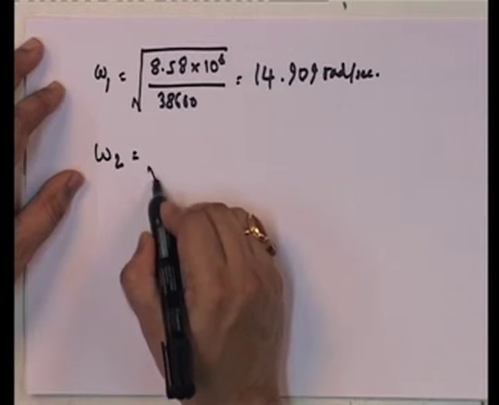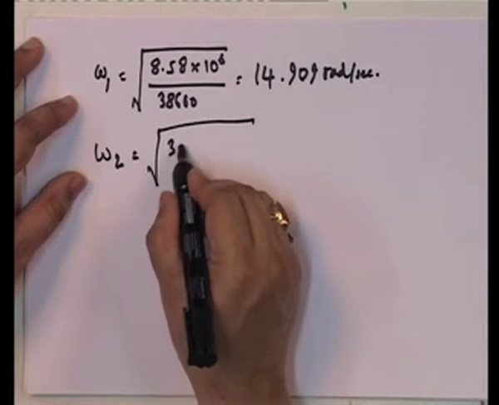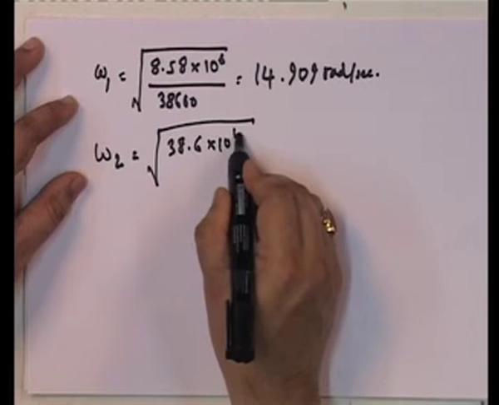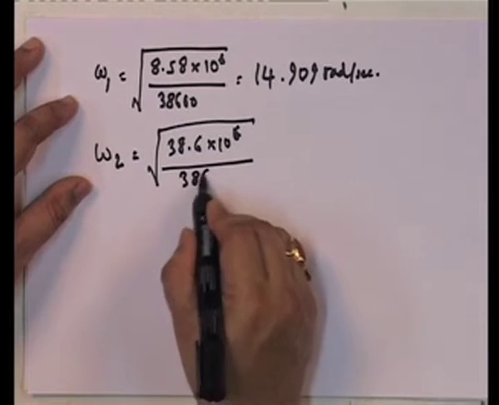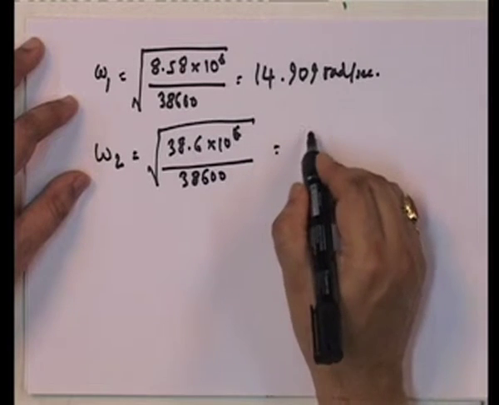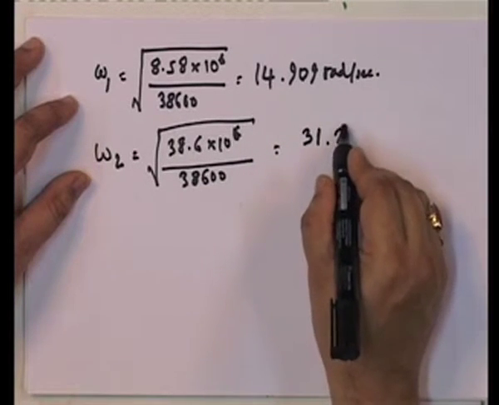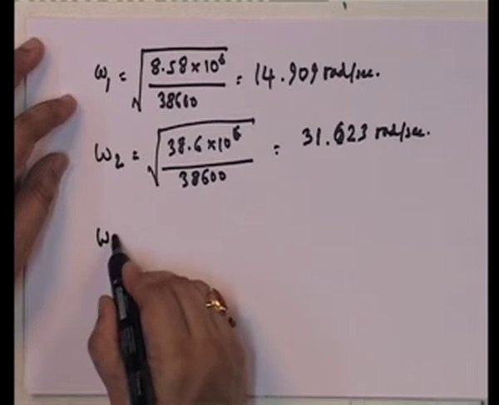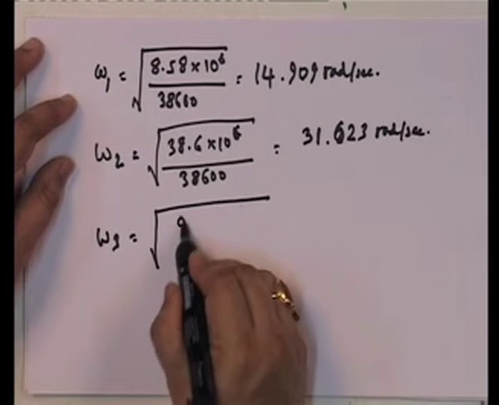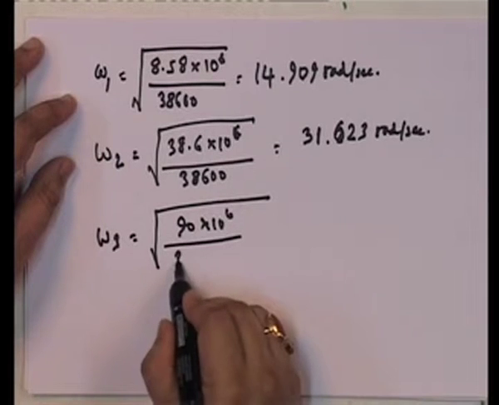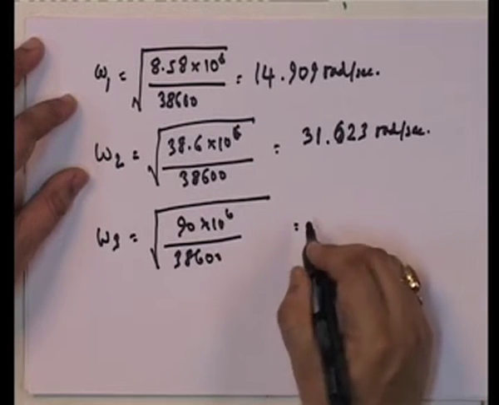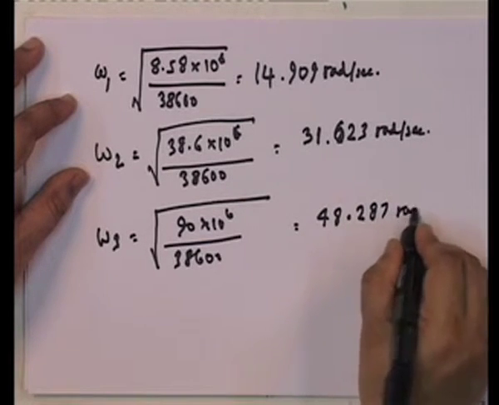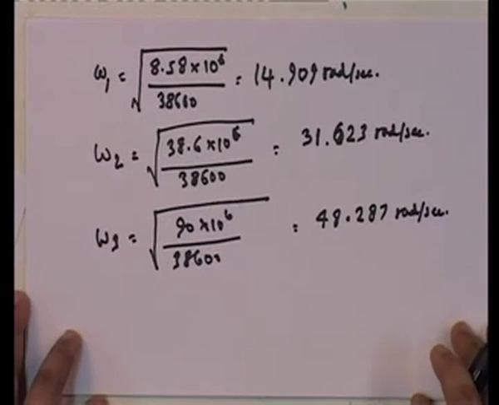Omega 2 is 338.6 into 10 to the power of 6 divided by 38,600, which turns out to be 31.623 radians per second, and omega 3 is 90 into 10 to the power of 6 upon 38,600, which is 48.287 radians per second.